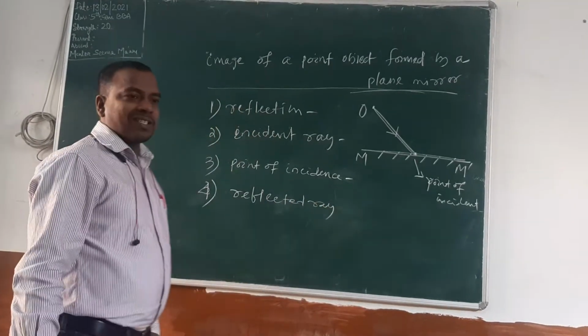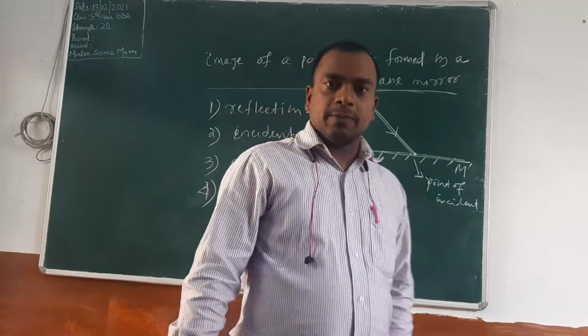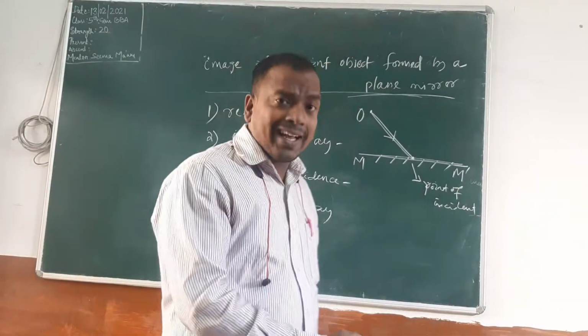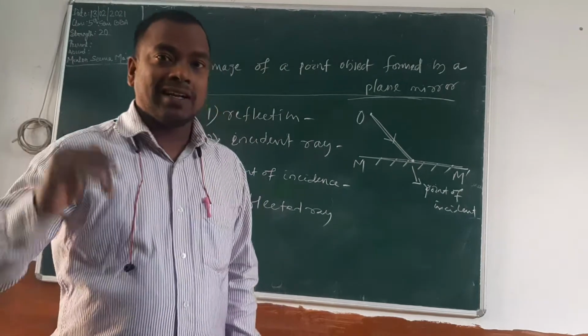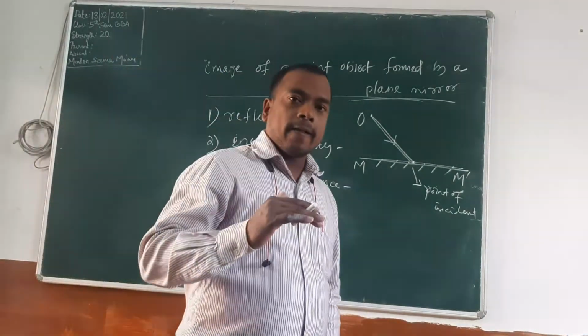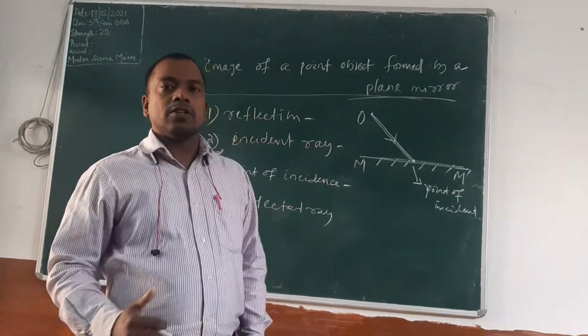Next, we have also known the reflected ray. So what is the reflected ray? The reflected ray is the ray which bounces back into the same medium after striking the reflecting surface.